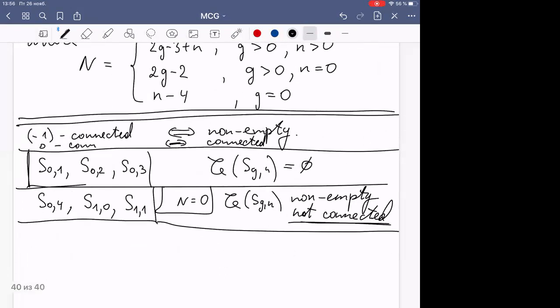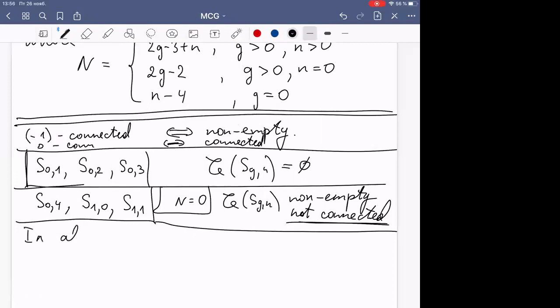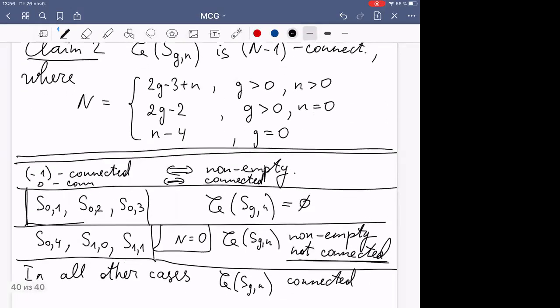In all other cases, this complex is at least connected, according to this claim.